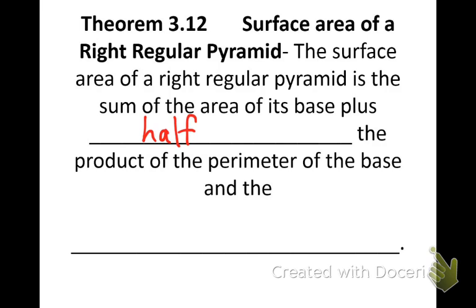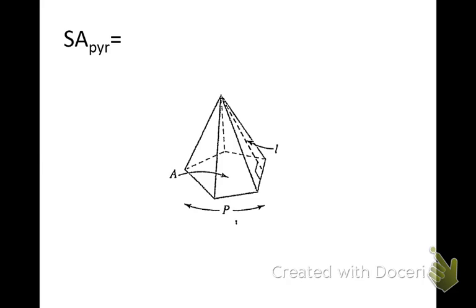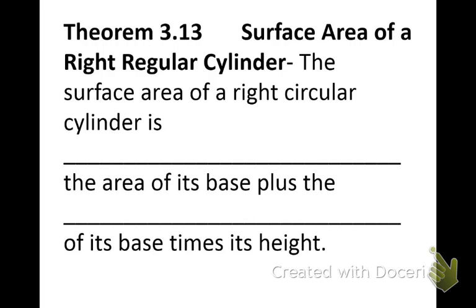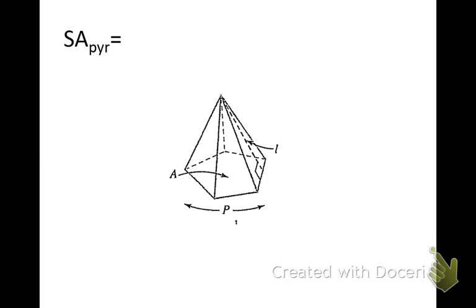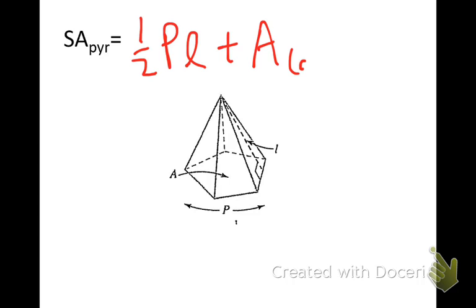So it's half the product of the perimeter of the base and the slant height. So that is written as surface area equals 1/2 PL plus A, which stands for area of the base.